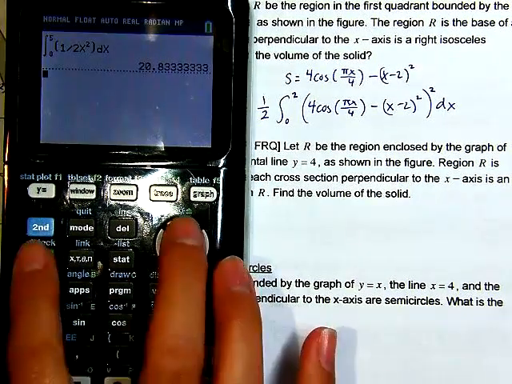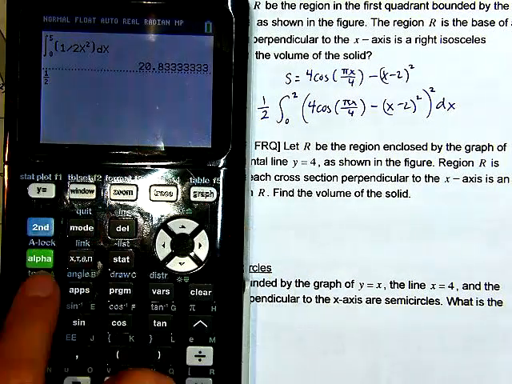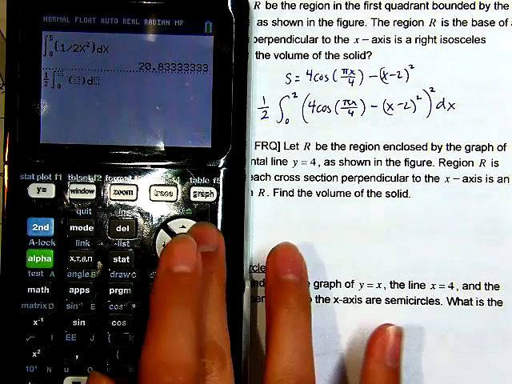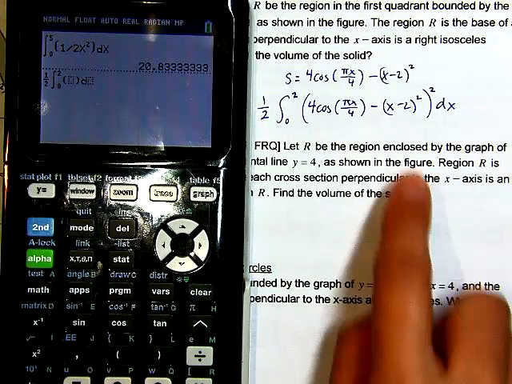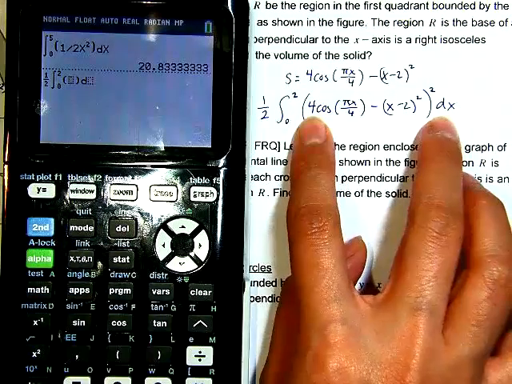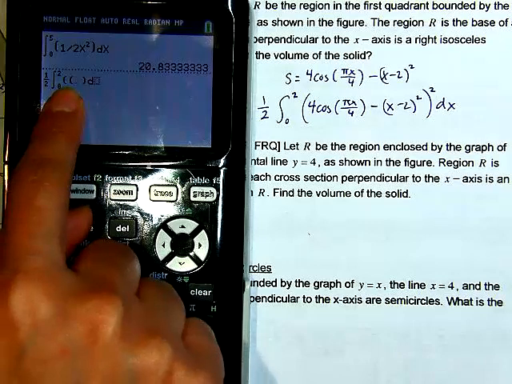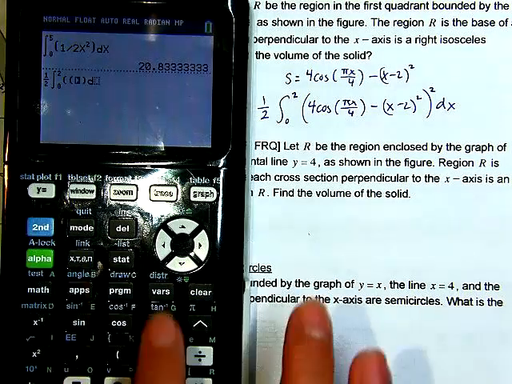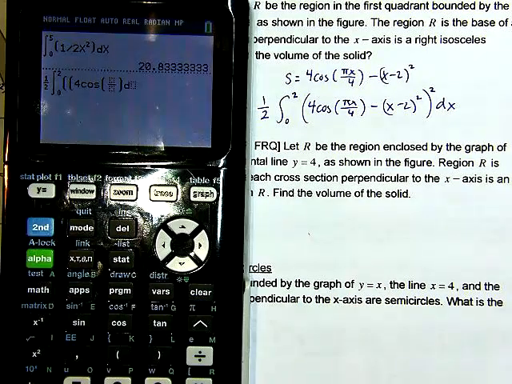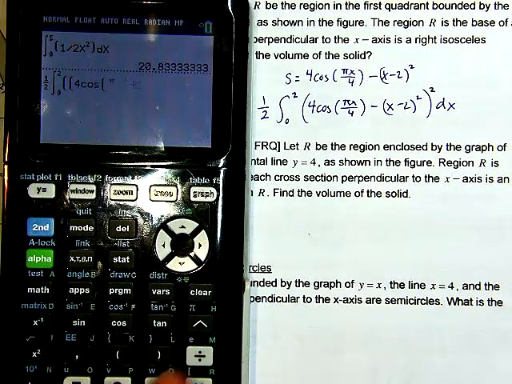So let's go ahead and practice plugging in. Again, with some fractions, I prefer to just use alpha y equals, from 0 to 2. And you notice that this already has parentheses. However, we need another set of parentheses so that we can square all of it. So go ahead, add in a parenthesis. 4 cosine, and I'll use the fraction here, pi x over 4.